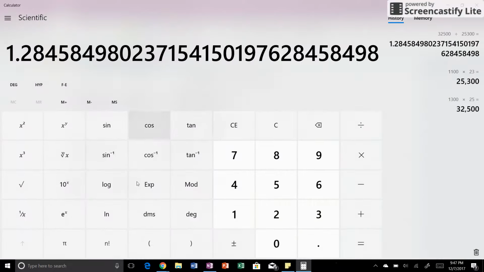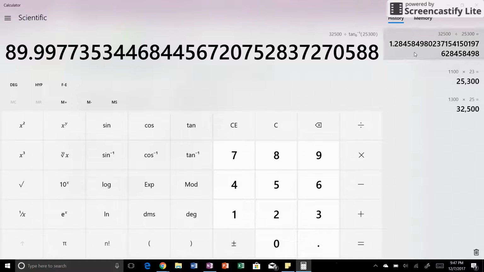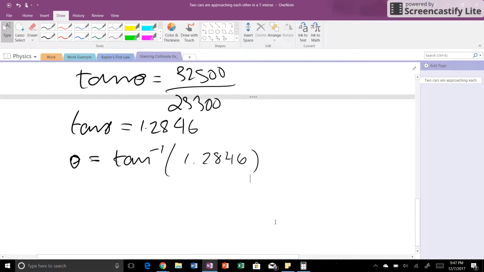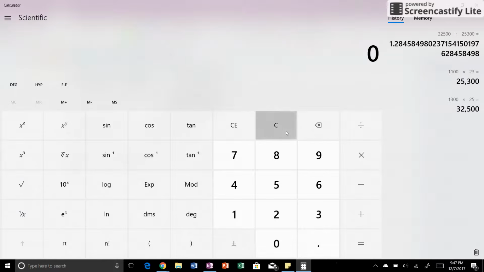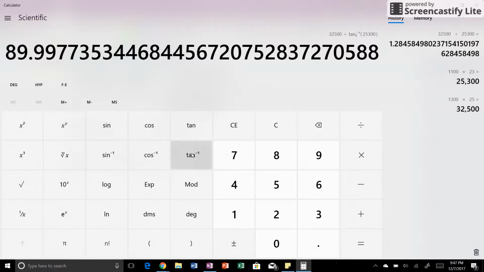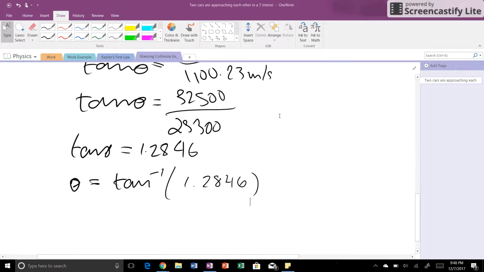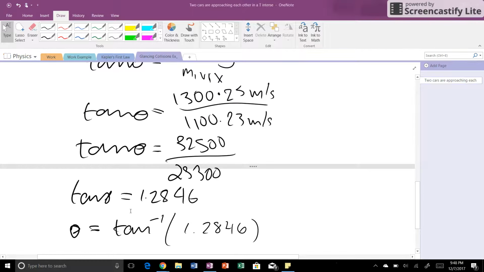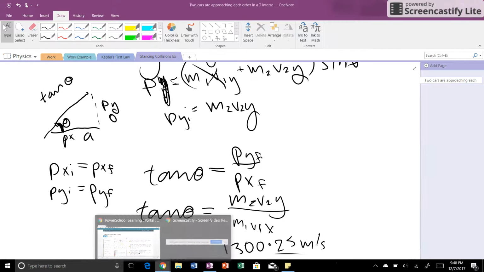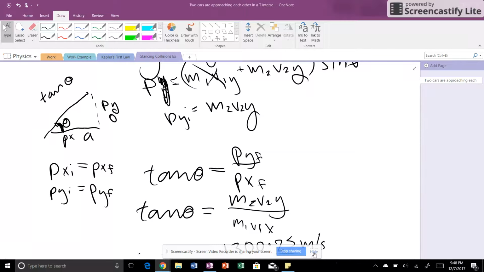So we're going to go full screen really quickly. I'm pretty sure there's an inverse tangent. Inverse tangent is going to be, oh my goodness, whoa, hold on a second. That does not look nice at all. Okay, I'm going to pause this and go to my calculator.